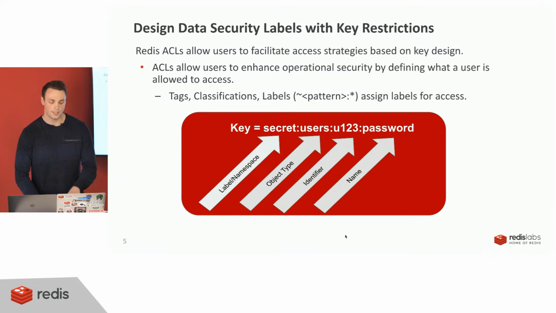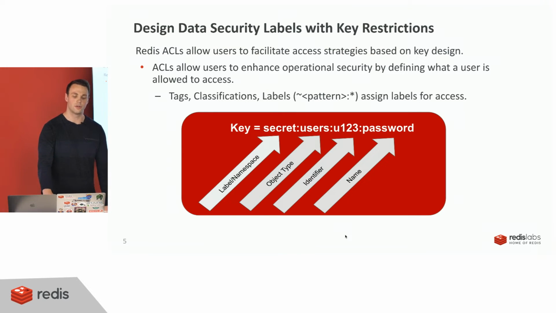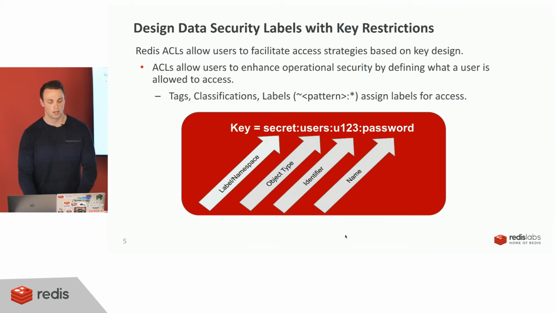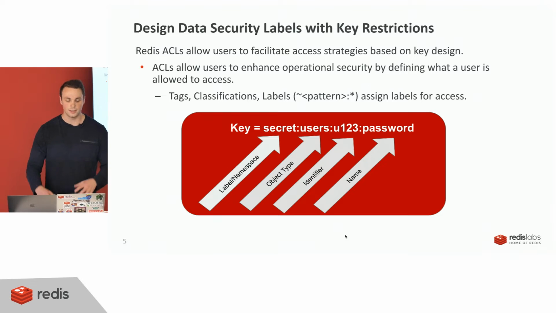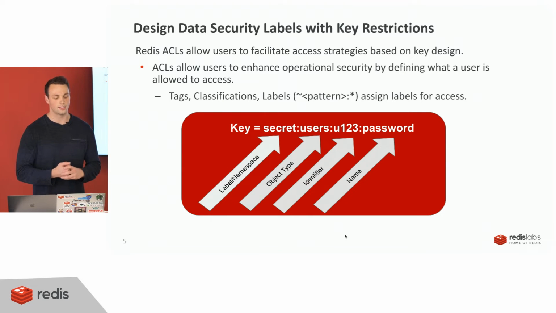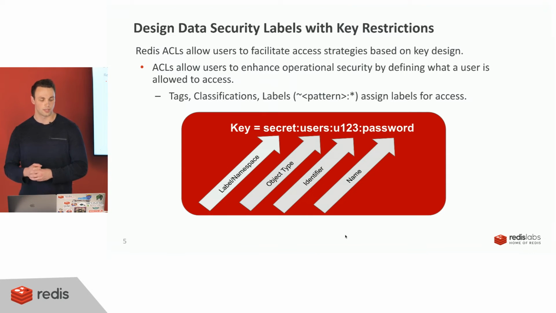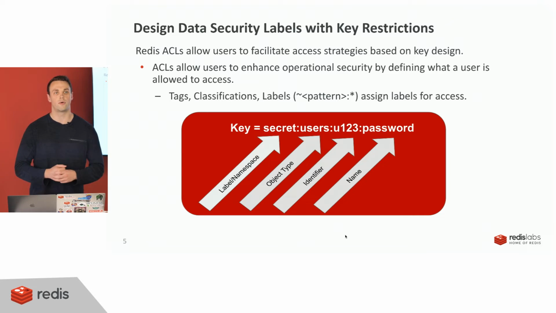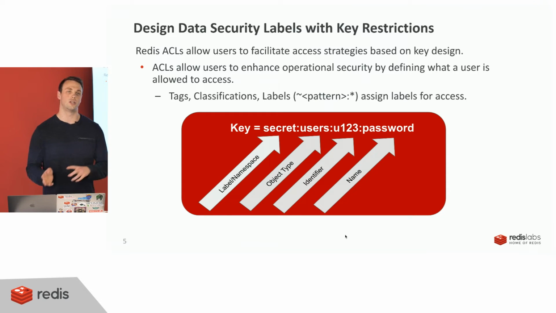What ACLs does is introduce a potentially new concept: the ability to prefix or namespace your keys to assign access levels to them. ACLs' primary use case is to enable operational security. However, you can get very granular in your operational security by bringing it into the design process and shifting security left.